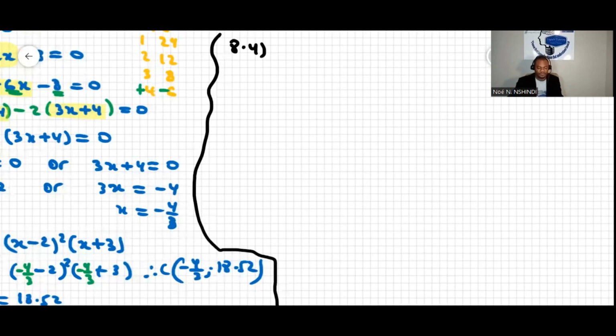We're looking for those values of x for which the function will be concave down. So we know that f of x is concave down, meaning concave down this way, if the second derivative is less than 0.